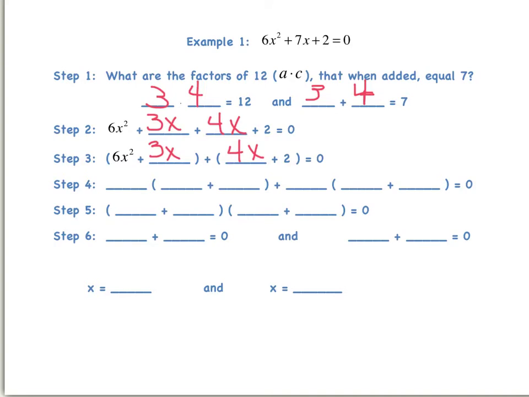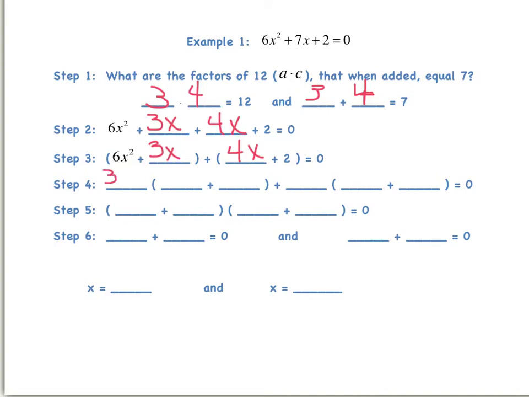Once you've done that, you can move to step number 4, which is to find the greatest common factor of each binomial. Now let's look at the first binomial, 6x squared plus 3x. Well, I know that they both have a 3 in common, so I can factor out a 3.